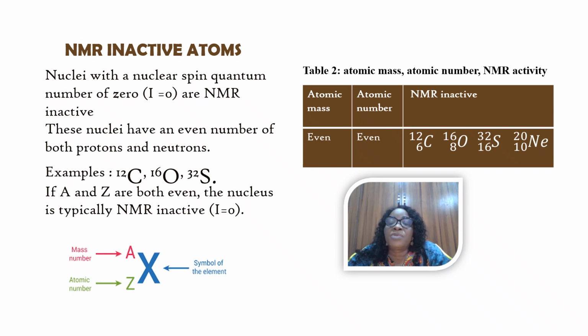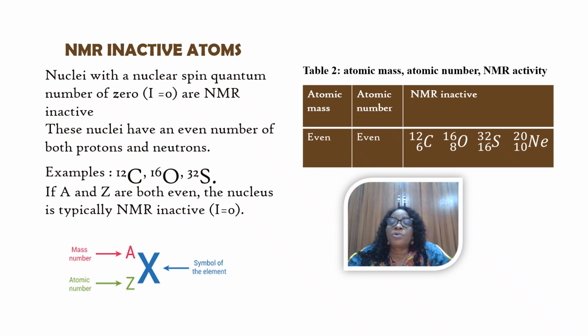So let's look at table 2. Let us look at these examples. We have here carbon 12. Carbon 12 has an even atomic mass, and it has an even atomic number, so it can pair itself. The neutrons and the protons can pair themselves, so it is NMR inactive.